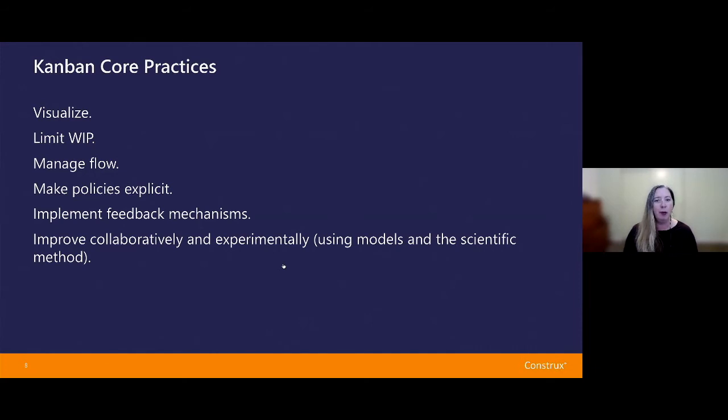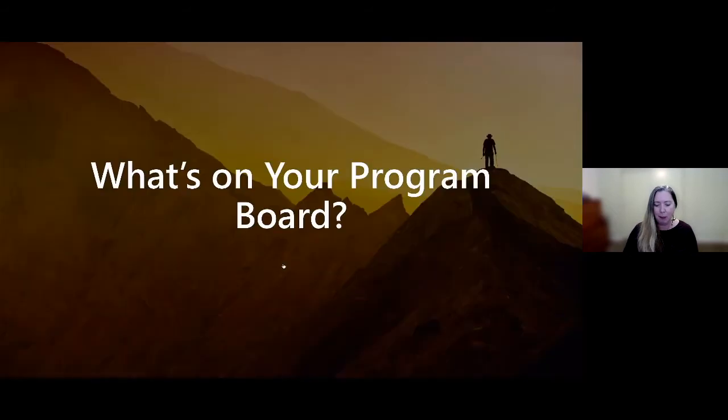And then finally, we want to implement some form of feedback mechanism and use that feedback mechanism preferably to experiment over time so that we can constantly be doing an experiment or trying something new and seeing if that improves the flow of our system and improves our ability to deliver value from ideation into our customers' hands. That's really the flow we'll be thinking about as we talk about program Kanban boards.